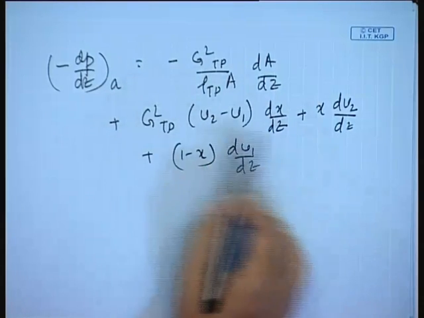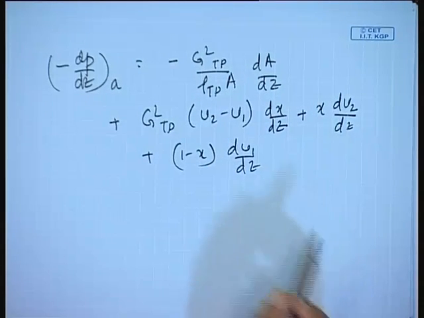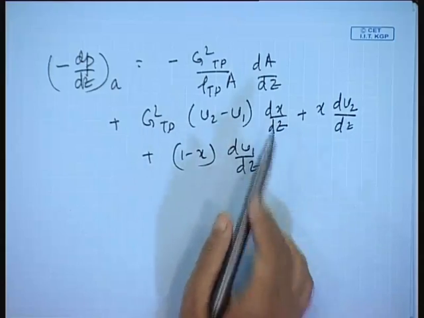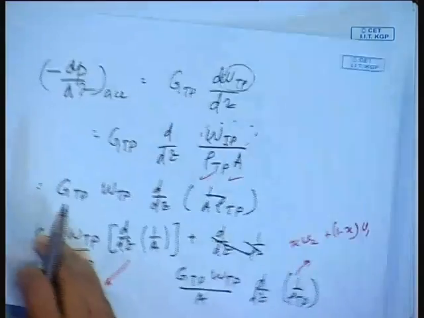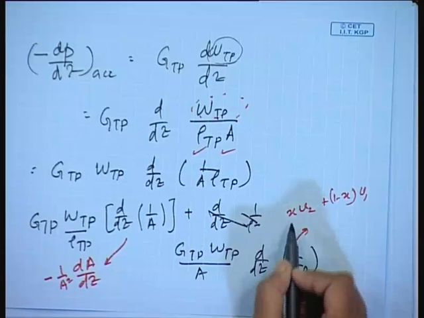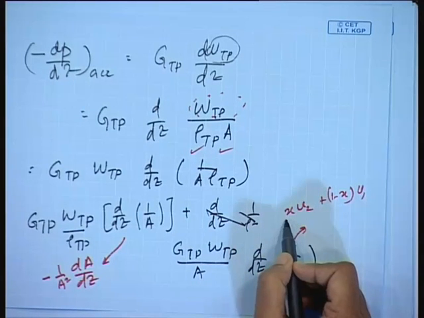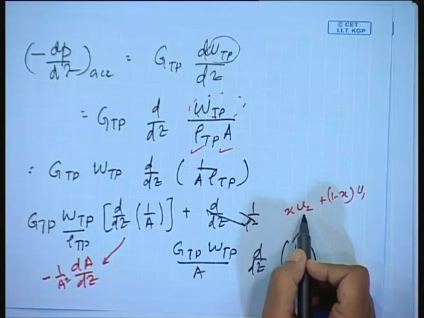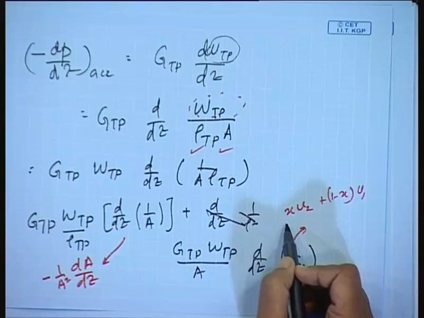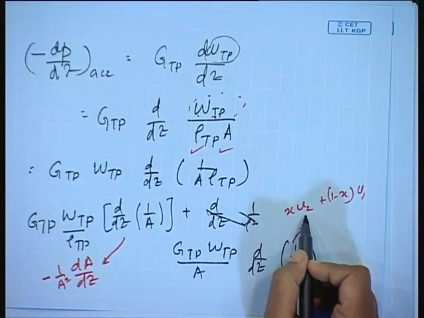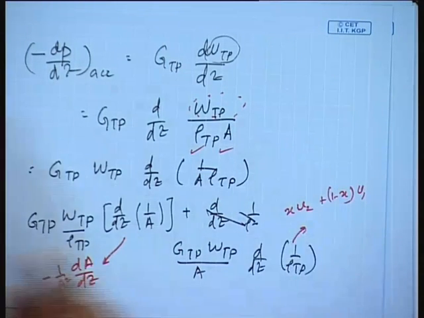Just see whether you are getting all these terms or not, 5 terms, okay? Because here if you write it in this particular form, both x might vary as well as v2 might vary. x varies only when there is a heat transfer, and v2 varies when there is a very rapid increase in pressure. So, to keep matters normal, we will be considering all possible things that can happen.